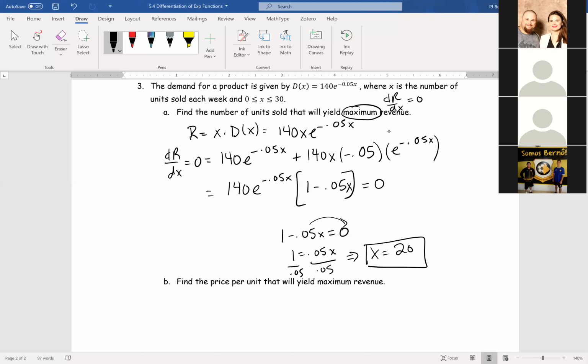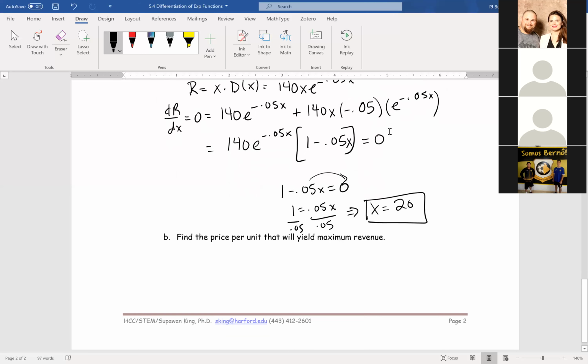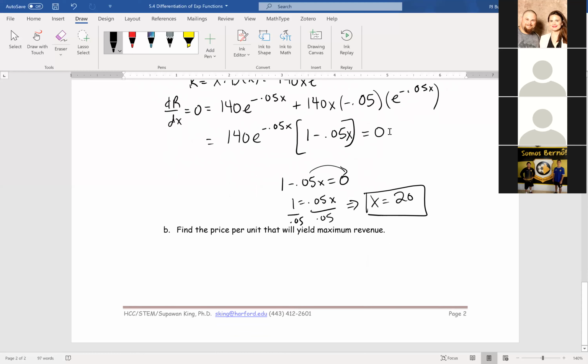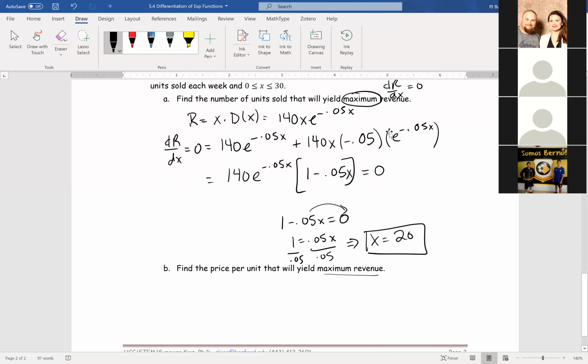So if we want to maximize the revenue by selling products, we'd have to sell 20 units each week. And then what is the price per unit that will yield the maximum revenue? Well, we've already found where the maximum revenue occurs, so we just need to solve for that.